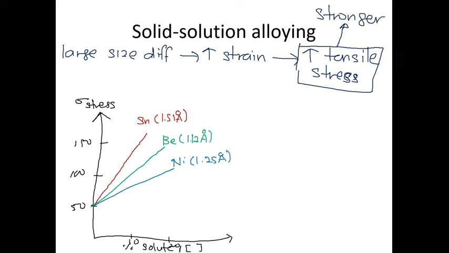The final element here is zinc with a radius of 1.31 Angstrom. And then we compare with copper, which has an atomic radius of 1.28 Angstrom.